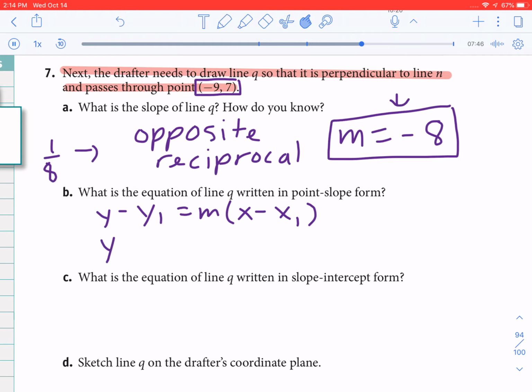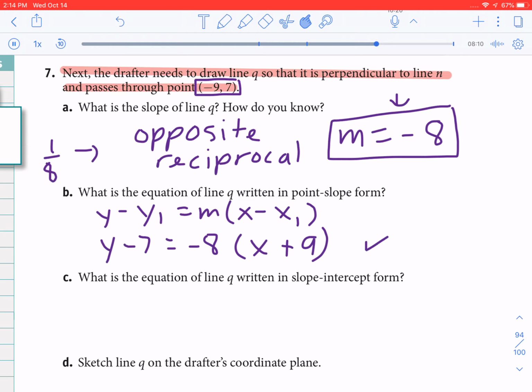So I'm going to go ahead and write this. It's y minus y1. In this case, my y1 is 7. That's up here, right? My slope is -8. And this is going to be x minus x1. And again, that's a negative number, so this is going to be x plus 9. This is point slope form.